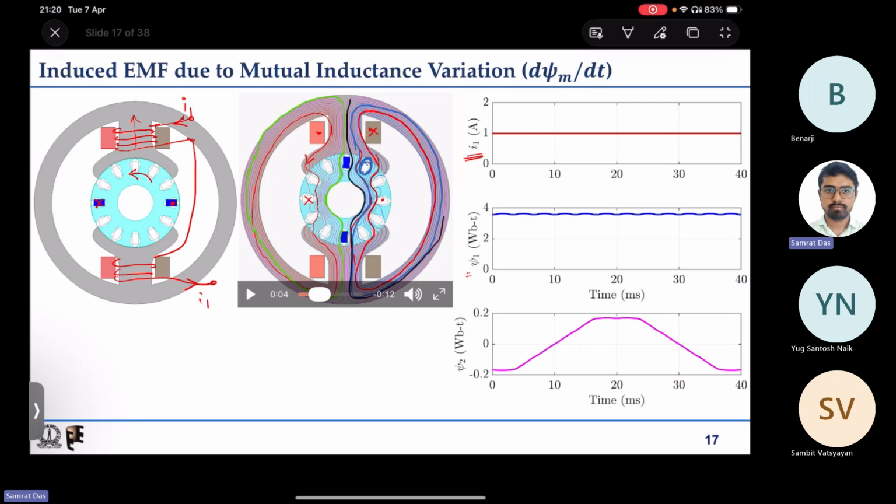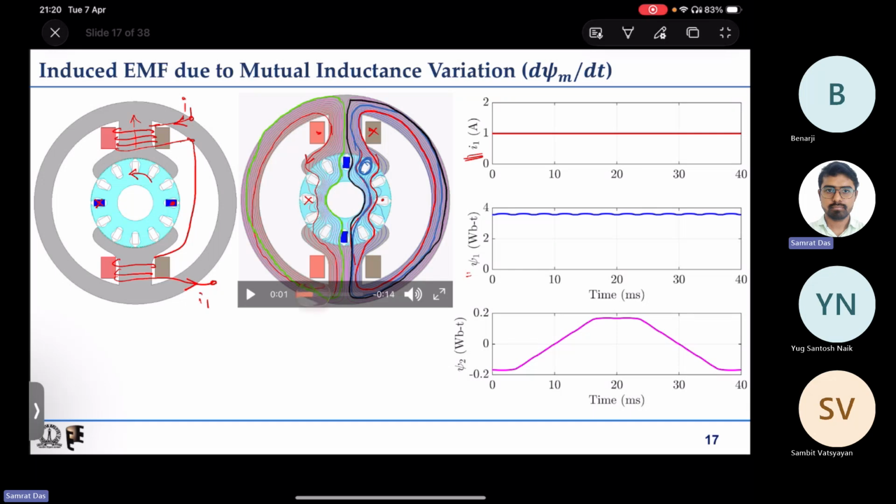You can see that neither the green flux line nor the black flux line encloses the blue conductor. That means at this rotor position, the flux linking the blue conductor is 0.